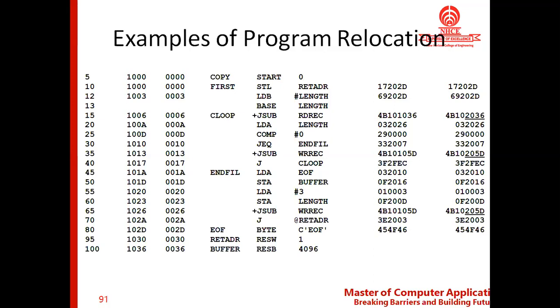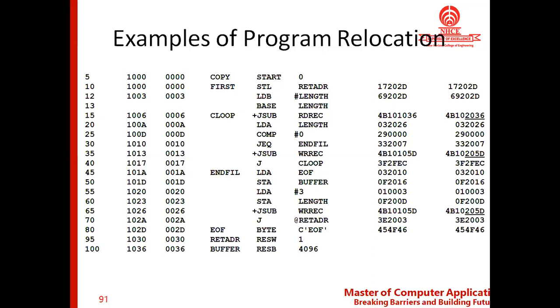So now you can make out the difference between these two object codes. One is giving 4B101036, the other one is giving 4B102036. So 2036 is the change which we could find from this object code when the starting address is relocated into some other address.